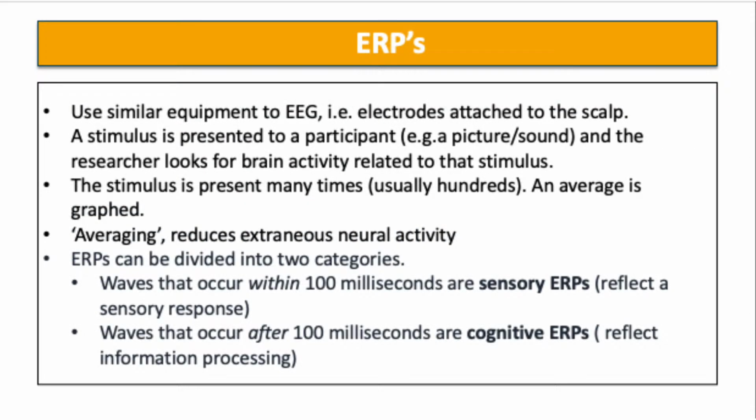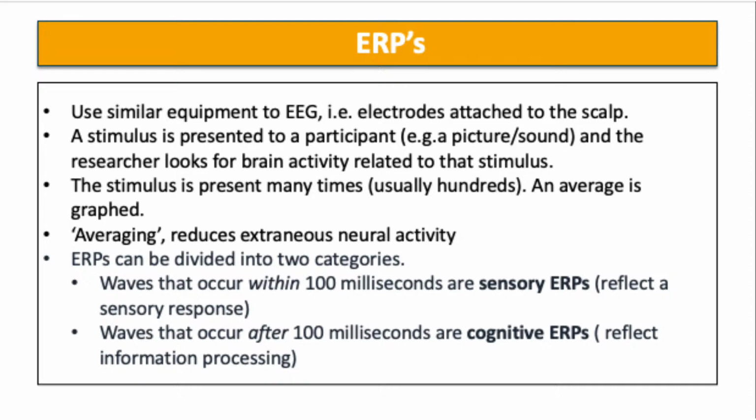A very similar type of brain scanning technique is ERPs. Again, they use very similar equipment to EEG. So again, we have our electrodes attached to the scalp, but this time a stimulus is presented to a participant. That might be a picture or a sound, for example. And what the researcher will do then is look for brain activity that relates to that stimulus. So really, the stimulus is presented many times, usually hundreds, and then an average is graphed.